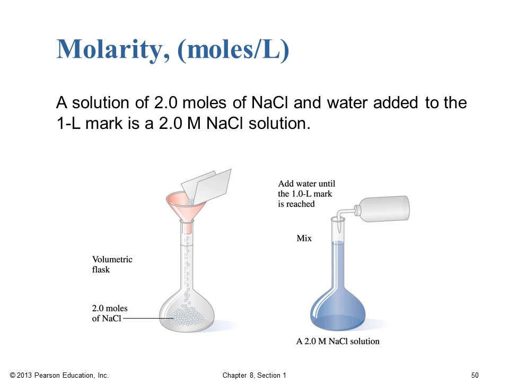And so once you figure that out, you would add that 2 moles of salt into the volumetric flask, and then fill up that volumetric flask to the 1 liter mark to make your 2.0 molar concentration solution.